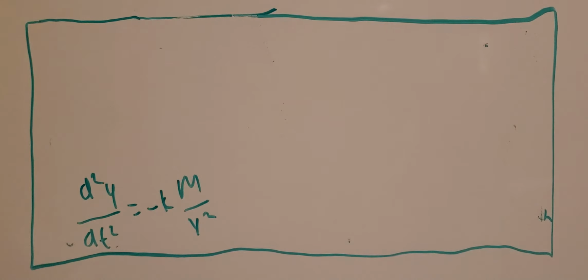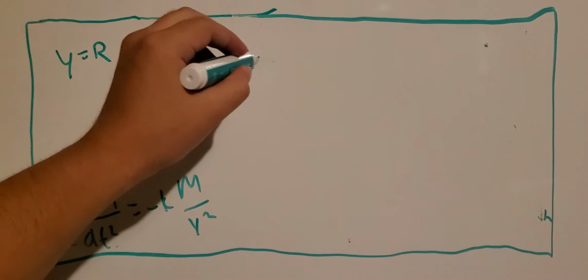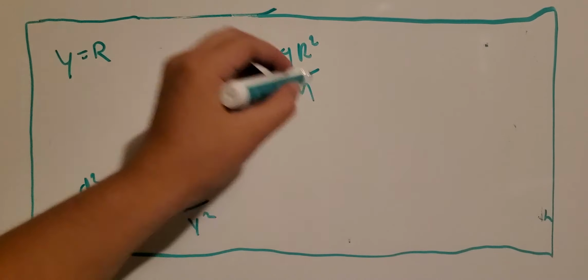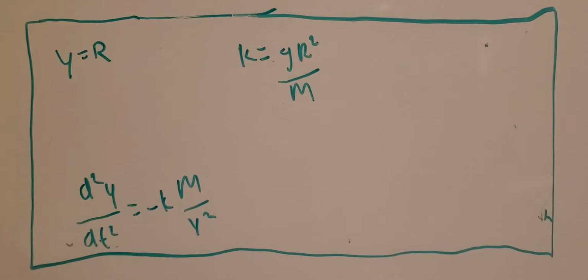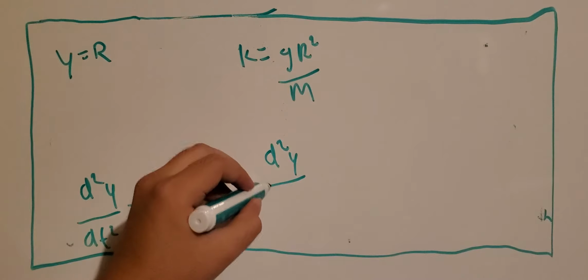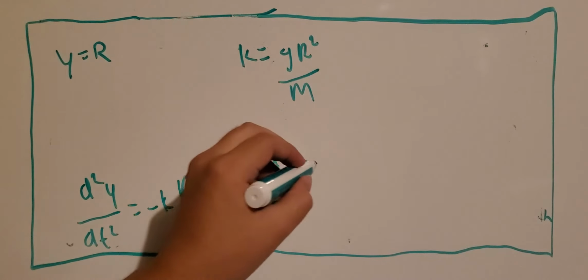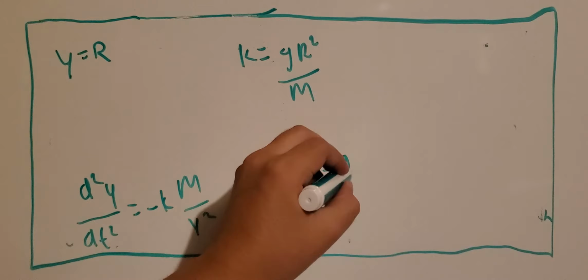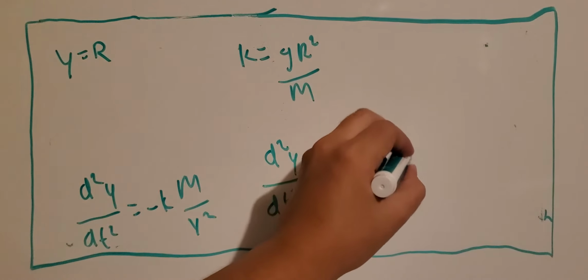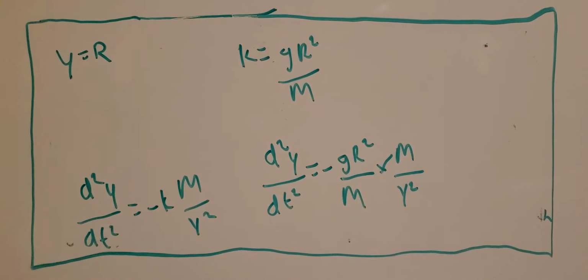So now at ground level we set y equal to r. And now solving for k, we get k is equal to g r squared over capital M. So for our derivatives, we have d squared y over dt squared is equal to negative g r squared over capital M times capital M over y squared.